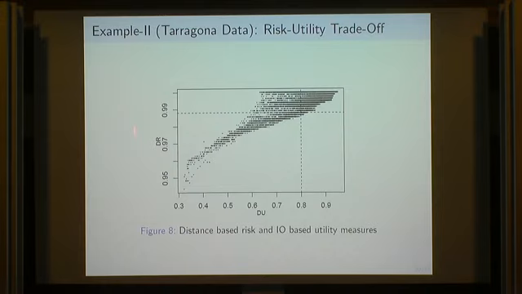And if we use the same disclosure risk measure, the distance-based measure, but with the utility measure based on the interval overlap, then we get this kind of picture here. So if we stick to 0.8, so this line 0.8, any X star falling right of this line will have at least 80% utility. But still risk is very high.